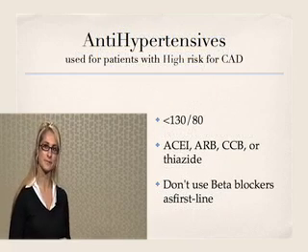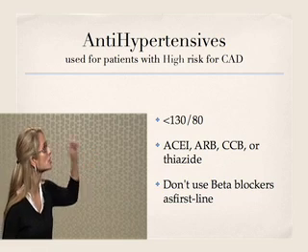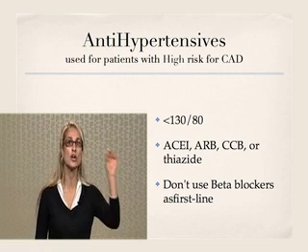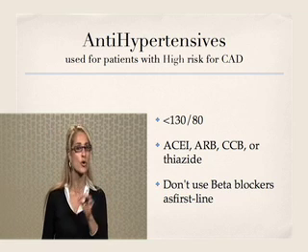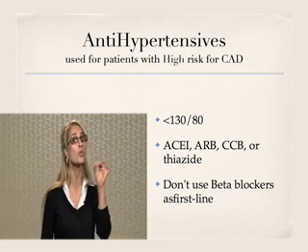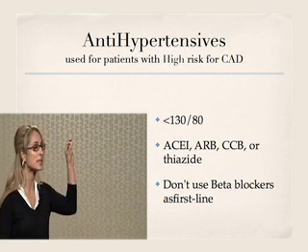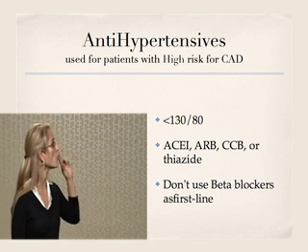Slide 16. Antihypertensives used for patients with high risk of coronary artery disease. Again, the patient doesn't have coronary artery disease, so don't start a beta blocker. What is my goal? My goal is to be less than 130/80. What can I give?